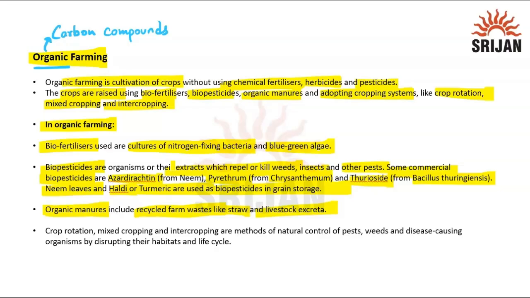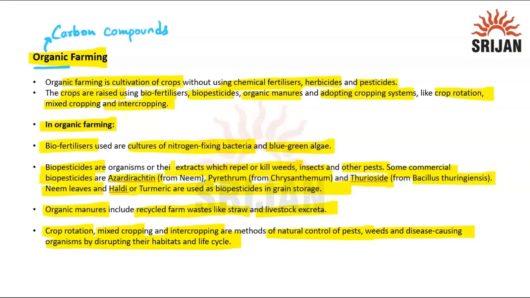Crop rotation, mixed cropping, and intercropping are different farming methods that can be used to control pests, weeds, and disease causing organisms by disrupting their habitats and life cycle. In crop rotation, insects are attracted towards one crop, and if we keep rotating, they won't be able to find a certain crop, so they will stop coming.